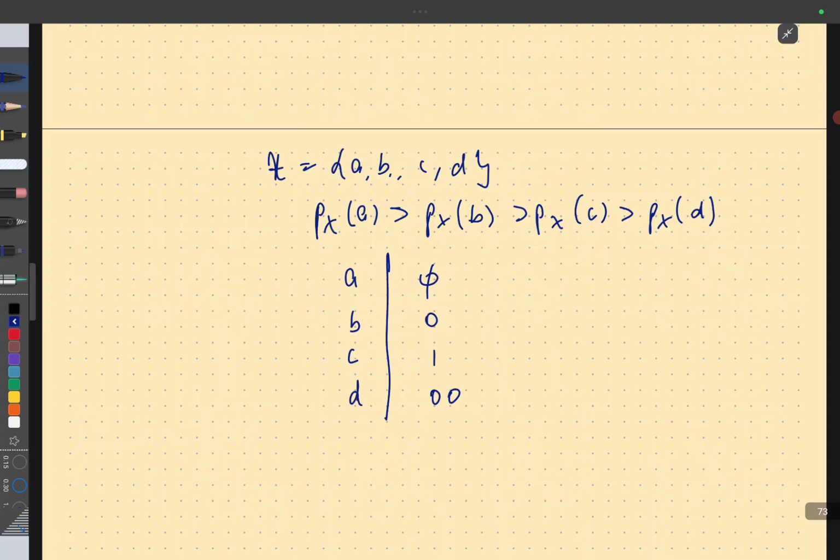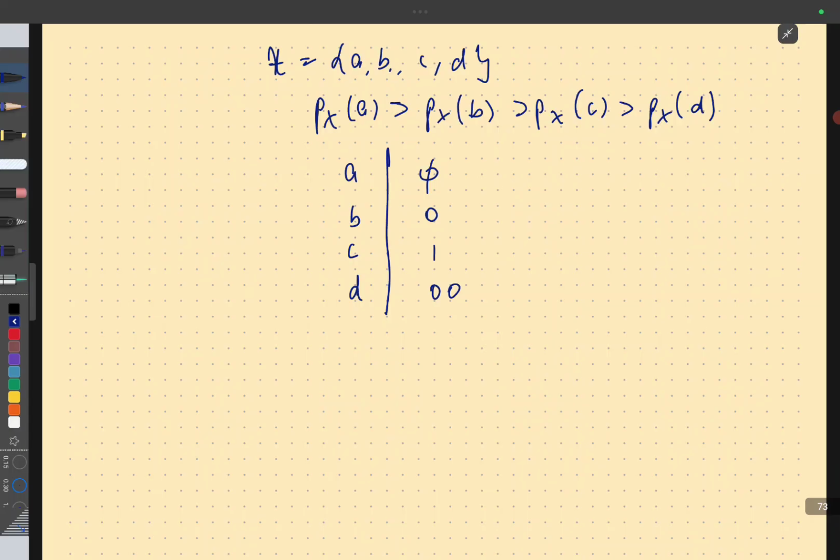So this is the encoding. Suppose I want to encode 2 symbols using this particular table. Then what would be the encoding of, say, AD? It would just be 0, 0. Empty string concatenated with 0, 0, which is just 0, 0.